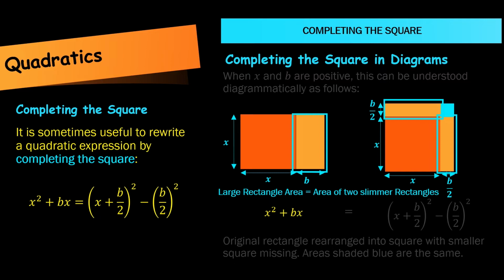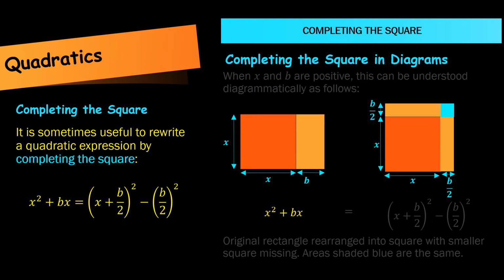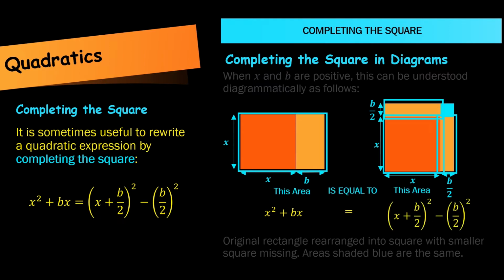So the b times x rectangle on the left-hand side is equivalent to the two rectangles shown on the right-hand side, and their area is 2 times b over 2 times x. So the area highlighted on the right is equal to the area highlighted on the left.